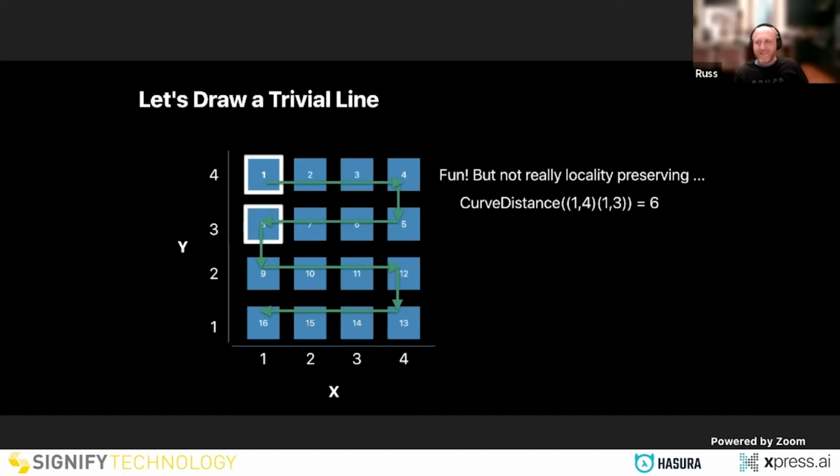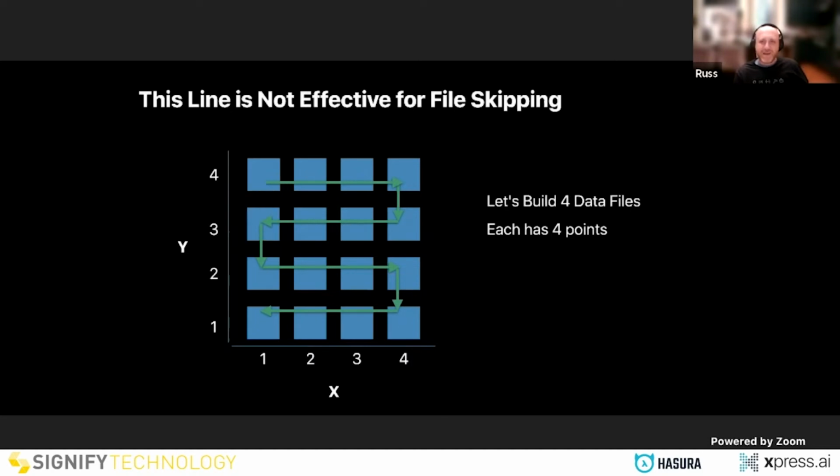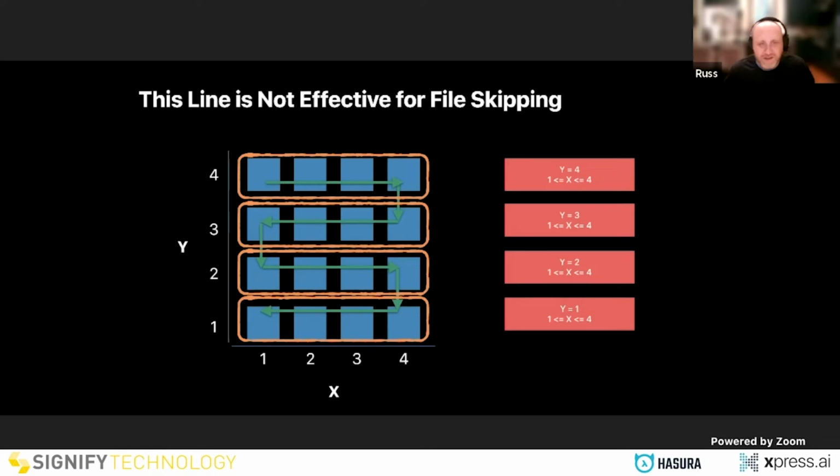Why is this bad? This is bad because it doesn't preserve locality. If I then group this up into files, we're going to end up with files that keep data that's not really closely related in the same file. In fact, if we build 4 exactly spaced files here, so imagine each file can only hold 4 data points, we basically get 4 files that look like this. And we basically just reinvented hierarchical sorting.